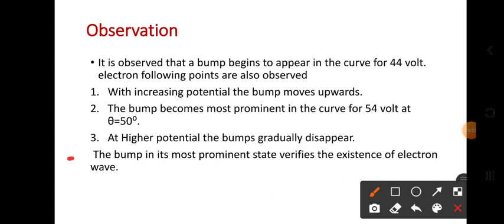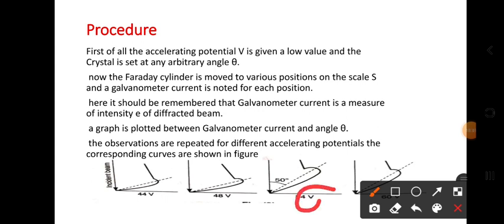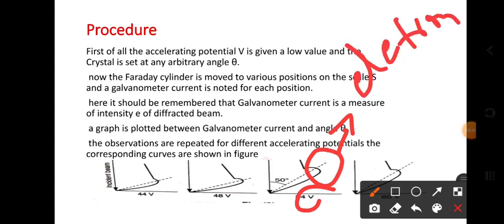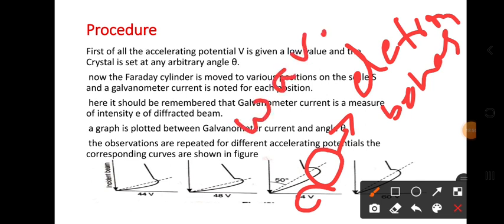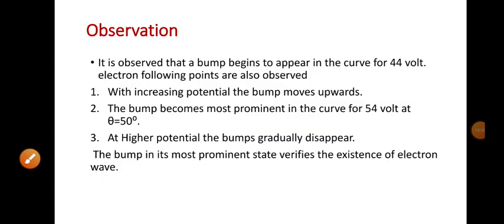The bump in its most prominent state verifies the existence of electron waves. In the curve at 54 volts the bump is maximum. This bump is created only when the electron behaves as a wave. This is how Davisson and Germer explained it.